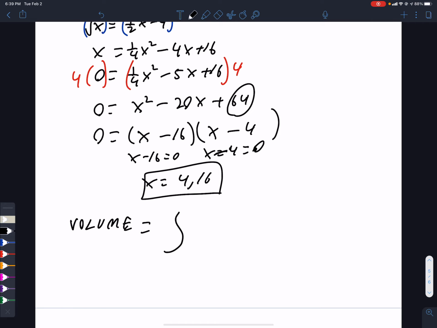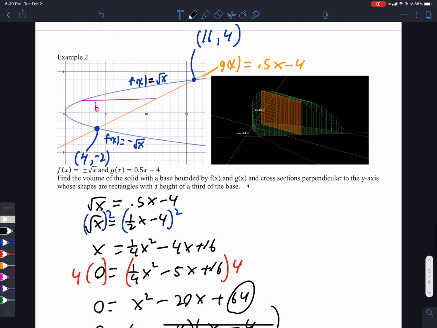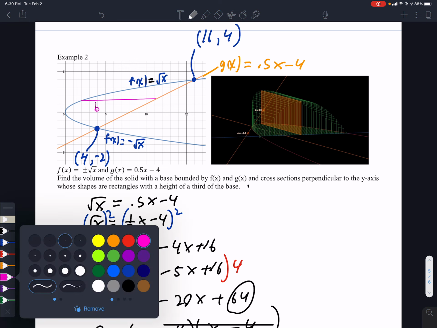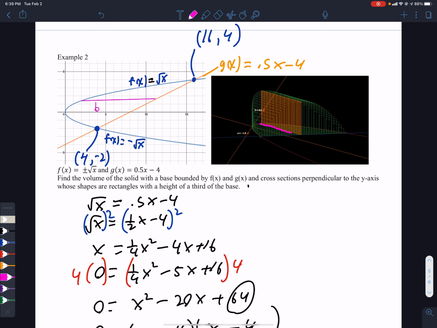So the volume, I have to add up the rectangles from negative 2 to 4. And the area of a rectangle is base times height. Let me thicken this base up. Here's the base. That's B, which we're going to calculate. And I need the height also. I should use the same fuchsia color.